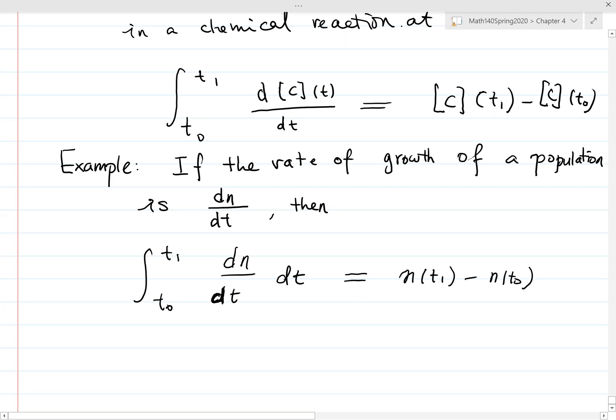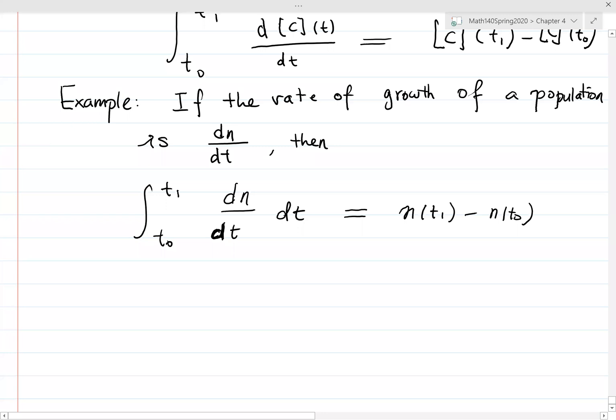Now, a way to remember the net change theorem is the following. Look at the left side of this equation. Formally, we cancel dt with dt, since we have dt in the denominator and dt in the integral, so they cancel each other.